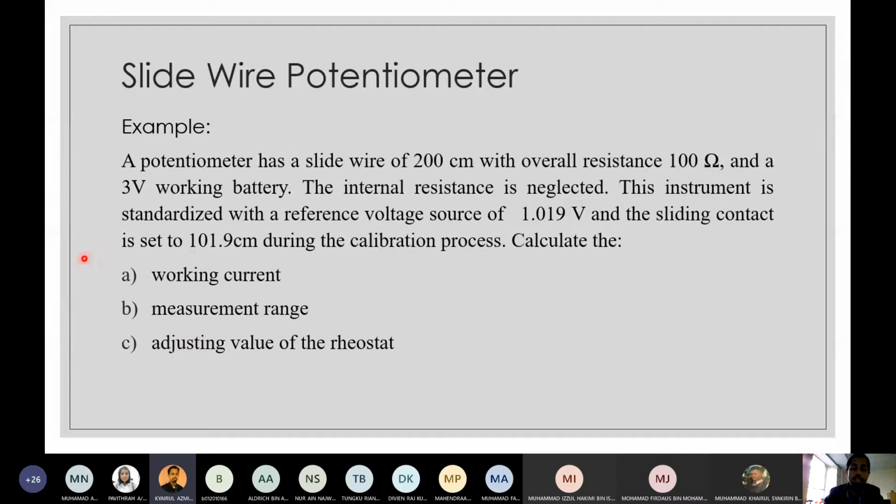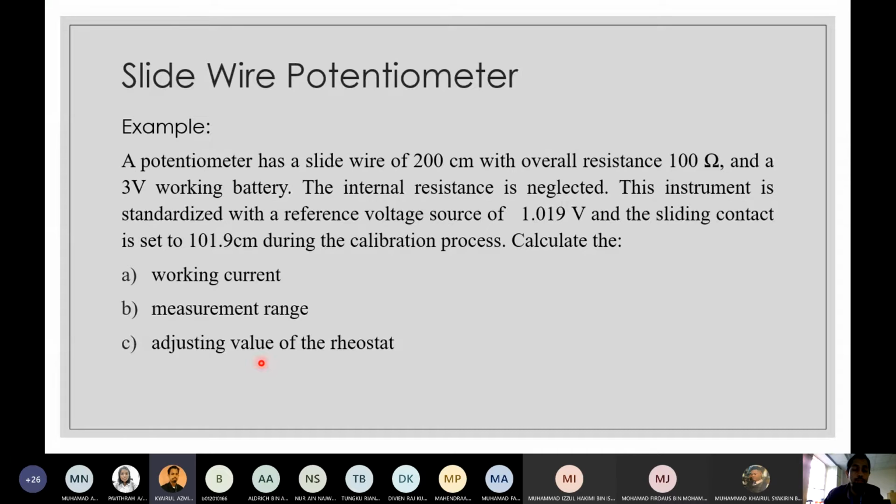We assume a standard cell reference voltage source of 1.019 volts. This is the standard cell reference. And the sliding contact is set to 101.9. So you see there's some equivalence here between the voltage and the position. Calculate the working current, measurement range, and adjusting value of the rheostat.